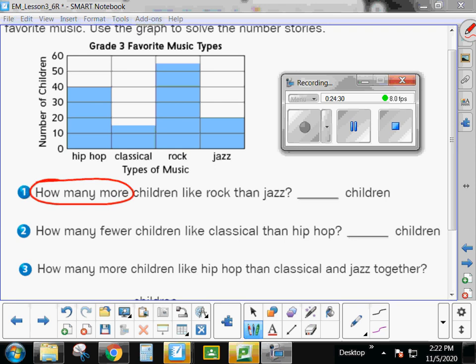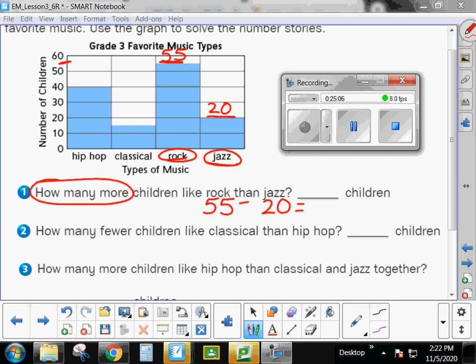All right, so how many more children like rock than jazz? So I'm going to look at my rock and I'm going to look at my jazz. Now guys, I like to go ahead and put my number at the top of my bar. So when I follow this bar over here, it falls right between 50 and 60, so I know that that's 55. And then jazz, when I follow that bar over, that's 20. So if I want to know how many more children like rock than jazz, if 55 kids liked rock and 20 kids like jazz, I'm subtracting those two numbers. 55 minus 20.